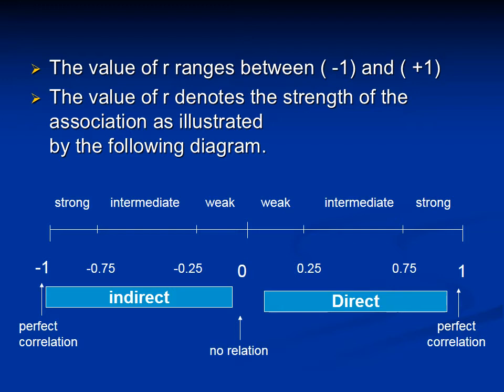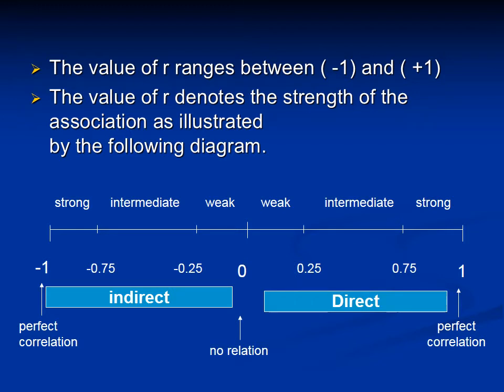Then if you get answers ranging between maybe -0.75 and -0.5, that will give you an intermediate negative correlation, and then -0.25 and below will give you a weak negative correlation between the variables in question.